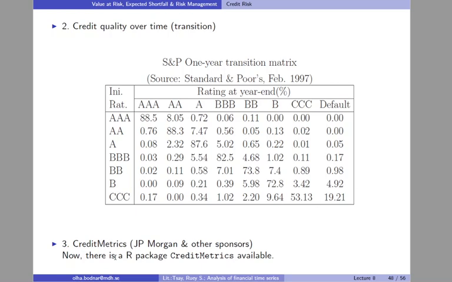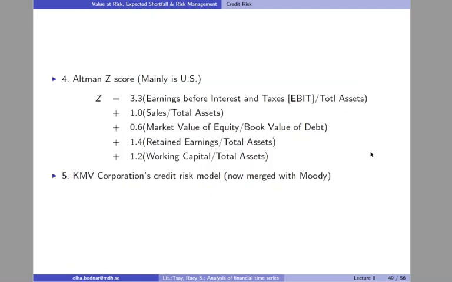Now there is an R package called CreditMetrics. It's pretty interesting. It includes JP Morgan and other sponsors. You can use it for credit risk here. Now there is another score, mainly used in the US.